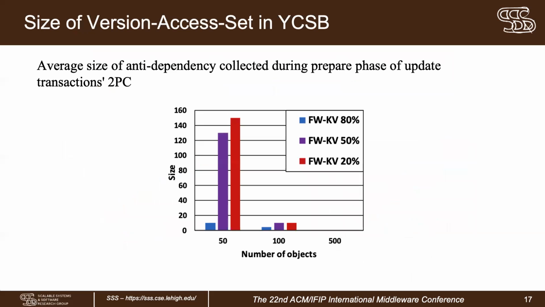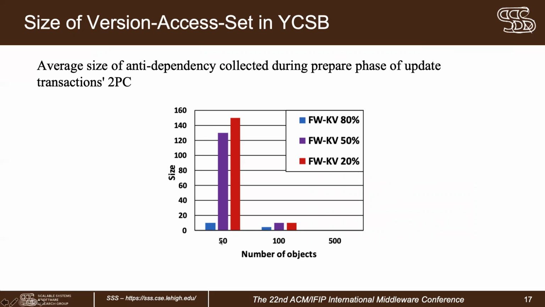In this plot, we measured the average size of the version access set, or anti-dependency, collected during the prepare phase of update transactions. The x-axis shows the number of keys in the YCSB benchmark. We injected 20, 50, and 80% read-only transactions.